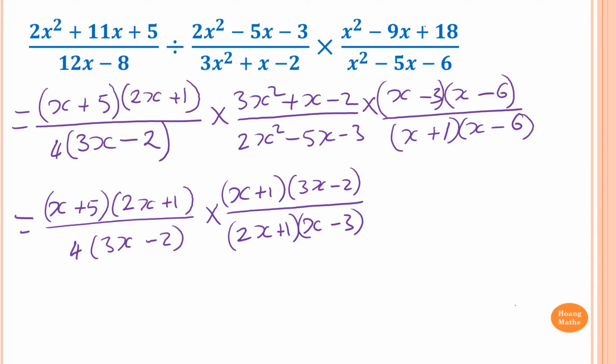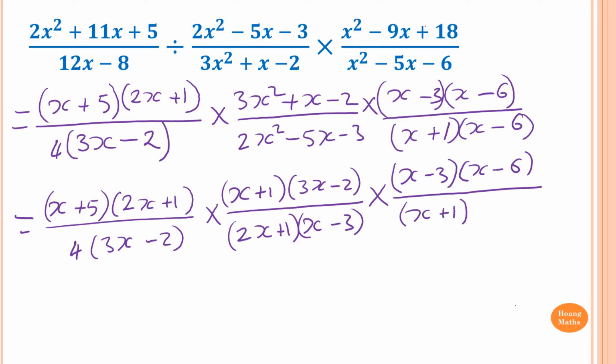So this term here, I just copied it out. So x minus 3 and then x minus 6 all over x plus 1 and x minus 6. So now I can simplify it by crossing this out. I can see x minus 3 here, x minus 3, and then x minus 6, and this is gone.